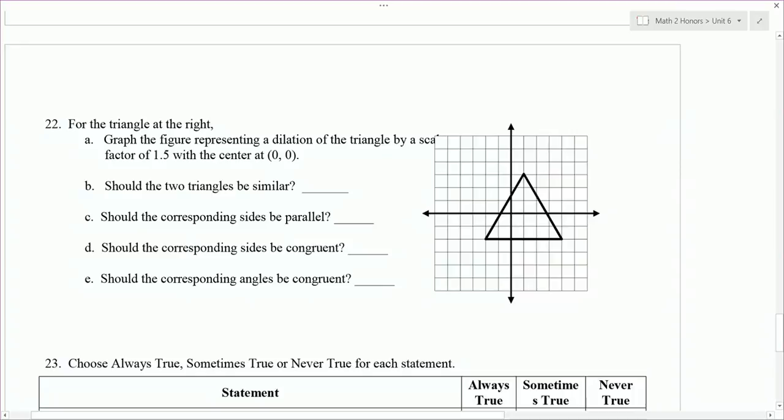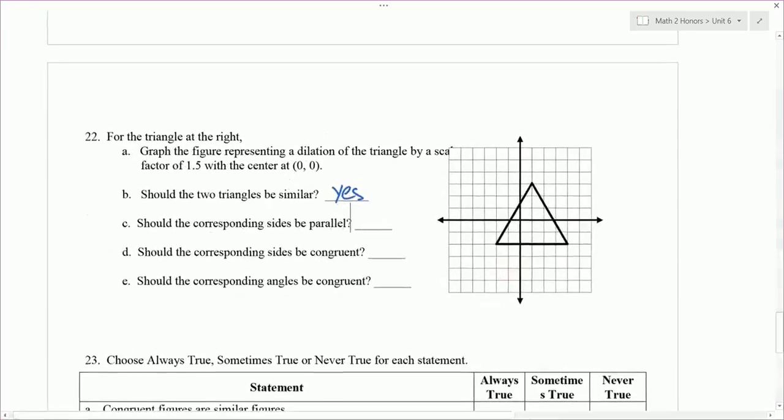Number 22, for the triangle at the right, graph the figure representing a dilation of the triangle by a scale factor of 1.5 with a center at 0, 0. Should the triangles be similar? Well, yes, because when you do a dilation, you get similar triangles. Should the corresponding sides be parallel? Yes.